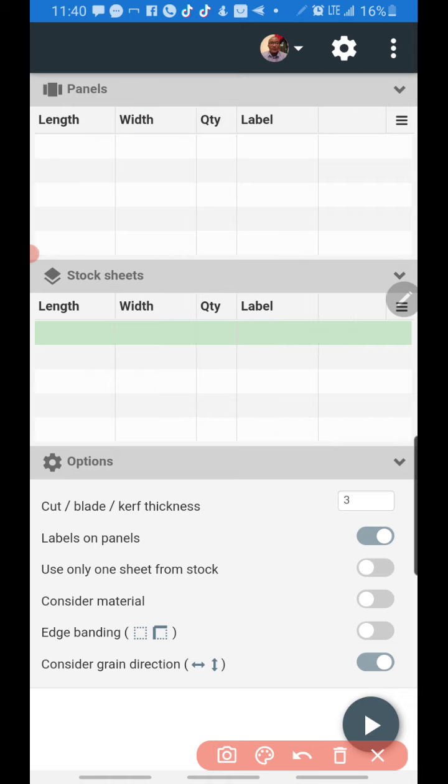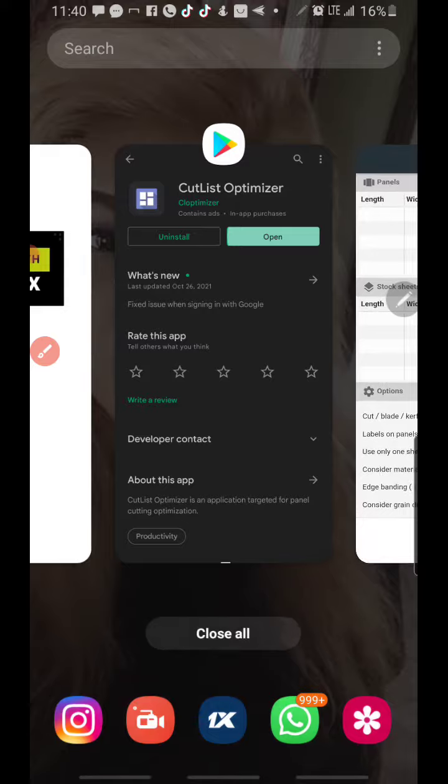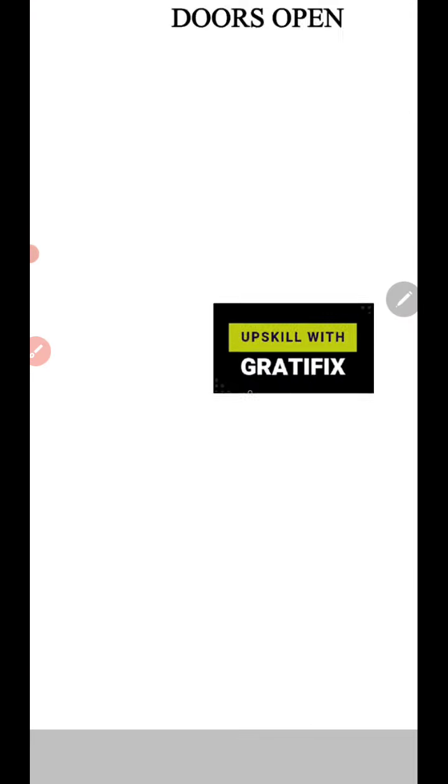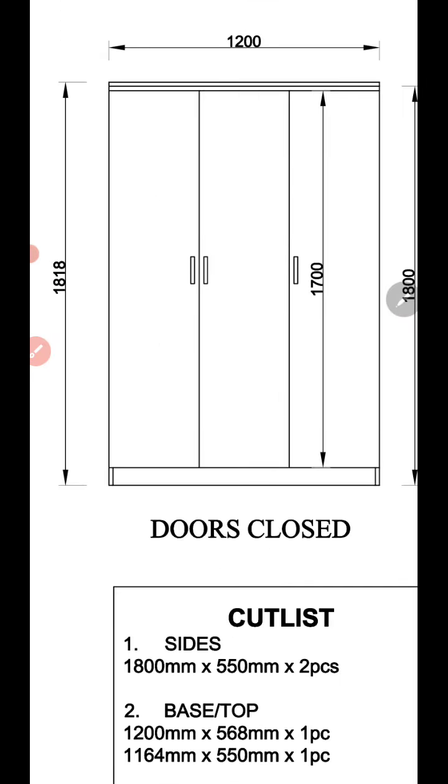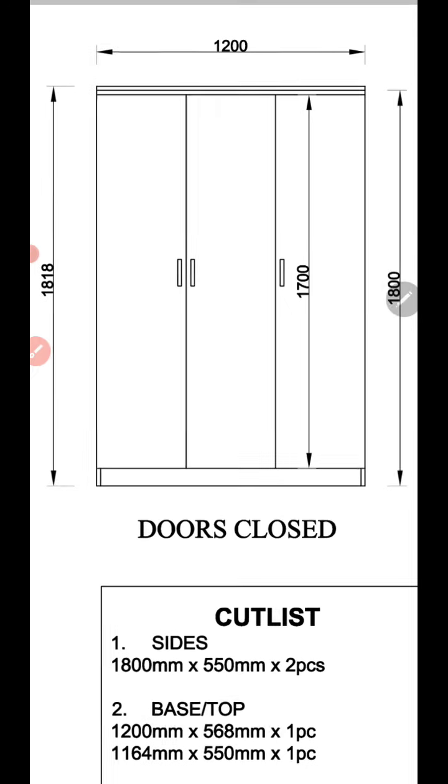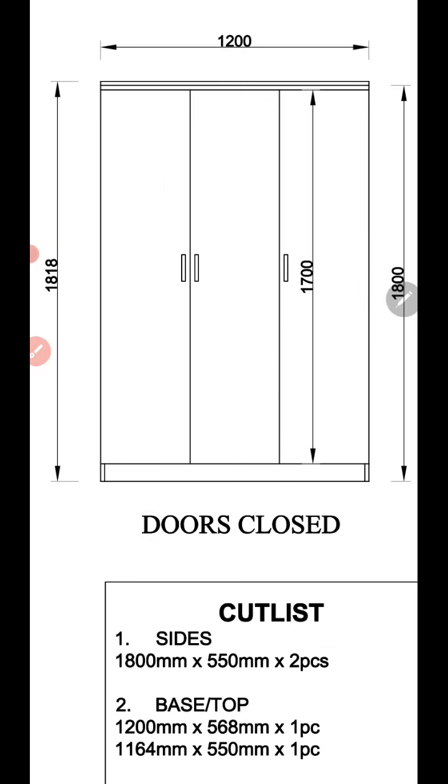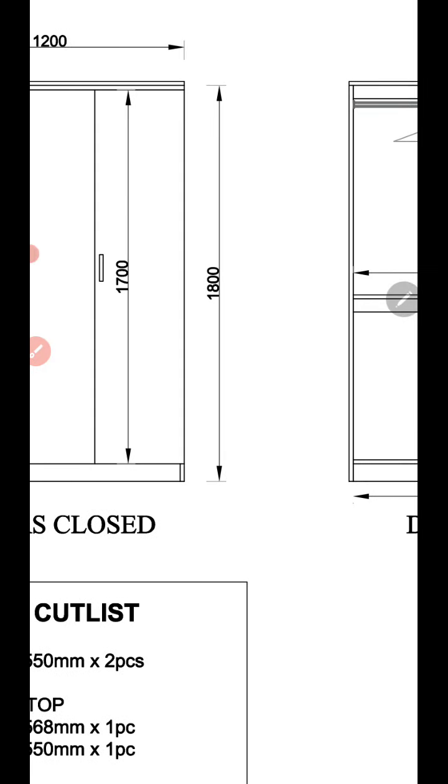All right, so let's get on to how to create your cut list. For the purpose of this tutorial, I'll be using a 4 by 6 feet wardrobe, but in metric form, 1200 by 1818 millimeters.